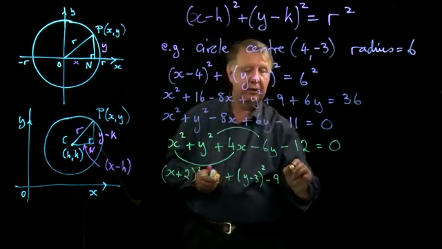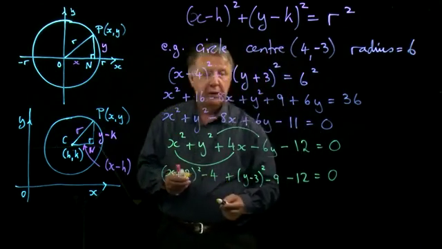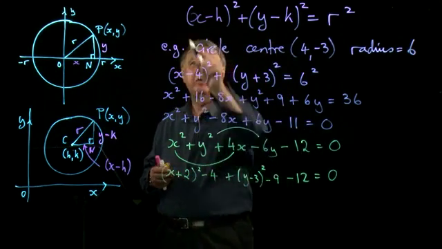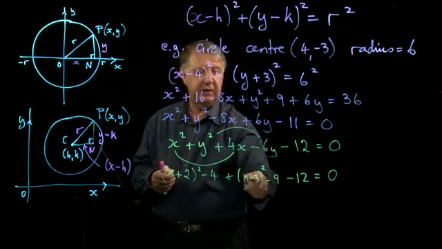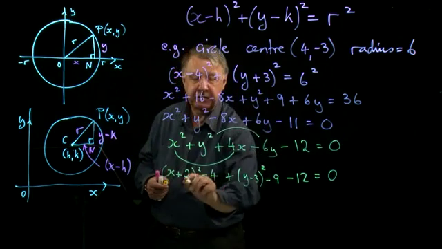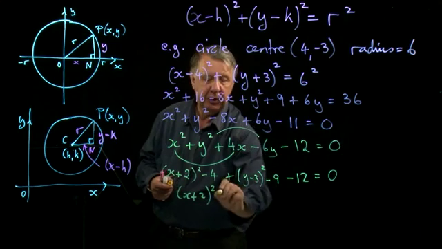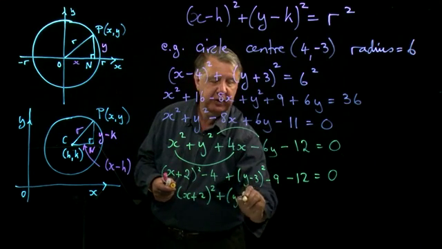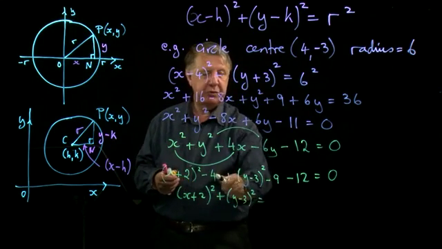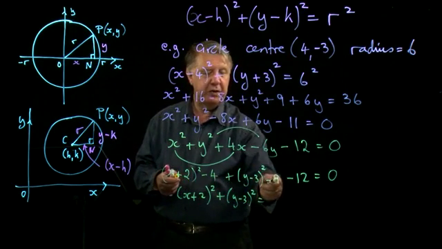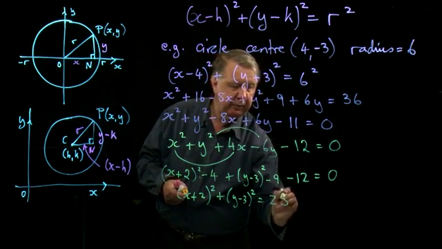And then finally take 12. Now, with one eye on our version up here, we can see that this will end up looking like this, because if I write that as x plus 2 squared plus y minus 3 squared equals, now we'll put the numbers on the other side, 4 and 9 is 13, 25 becomes plus 25.